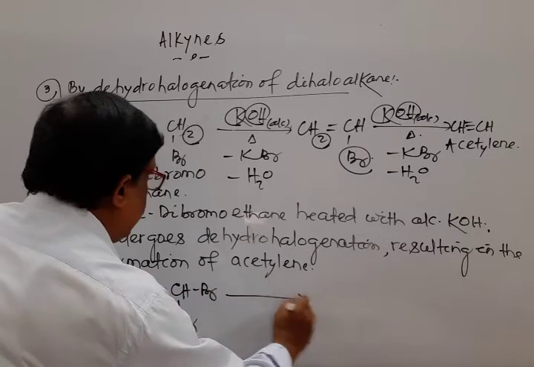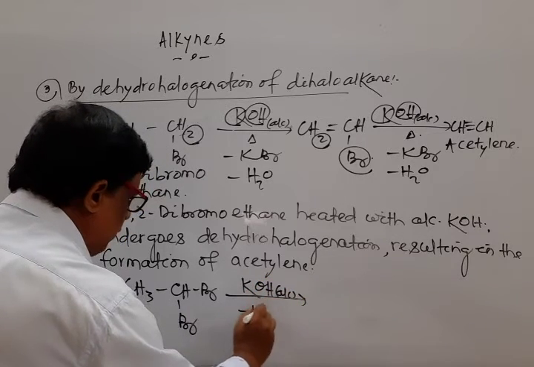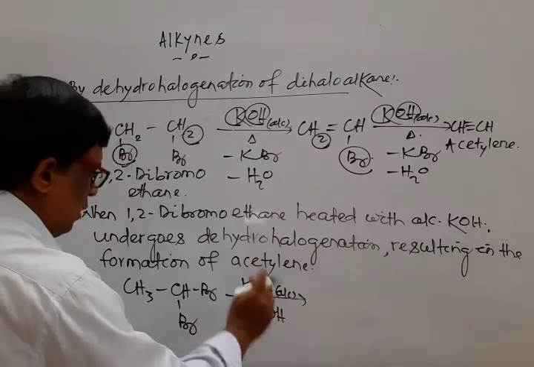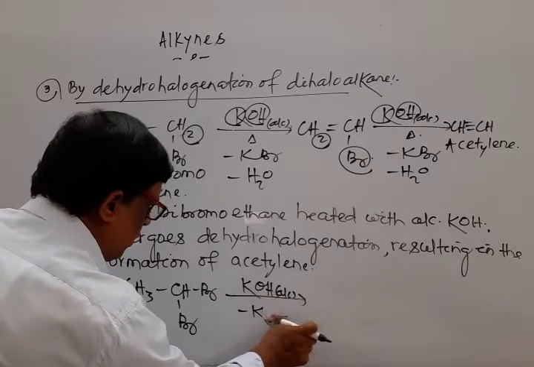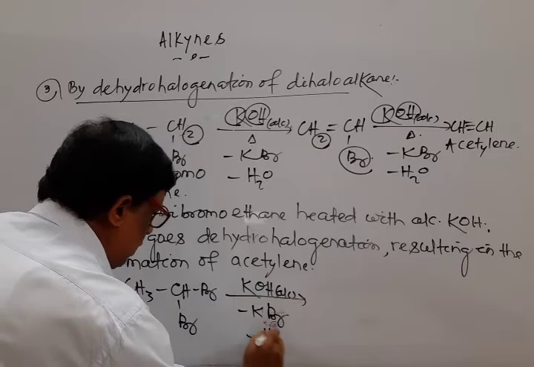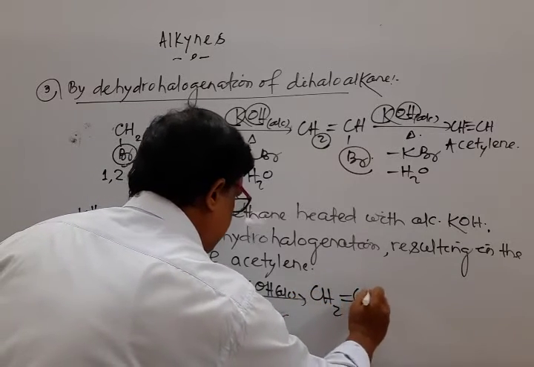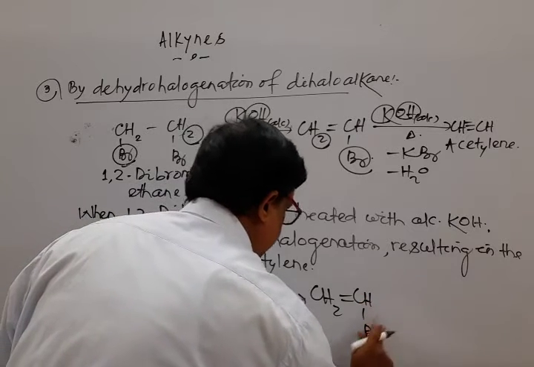CHBr2 when heated with alcoholic potash, same thing, undergoes dehalogenation and dehydration. That means minus KBr minus H2O, resulting in the formation of CH2=CHBr.